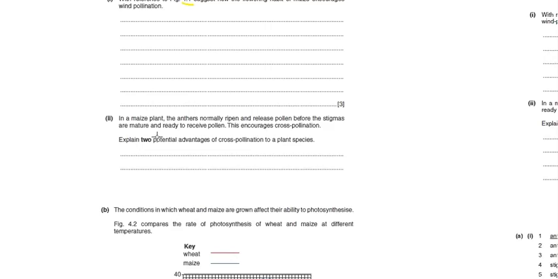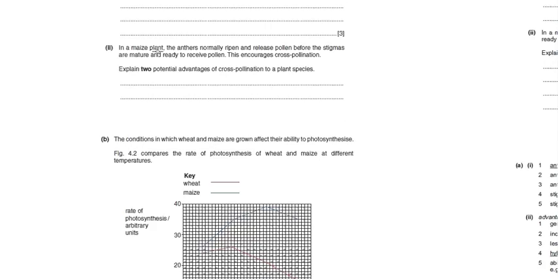Then in a maize plant, the anthers normally ripen and release pollen before the stigmas are mature and ready to receive pollen. This encourages cross-pollination. Give two potential advantages of cross-pollination to a plant species. This is the point which you already mentioned.